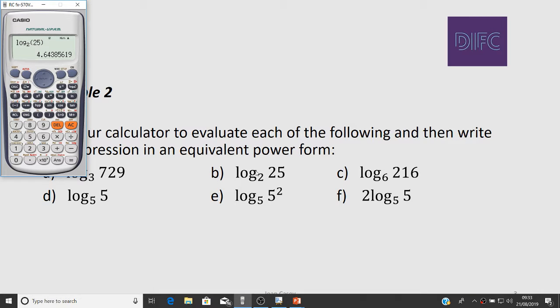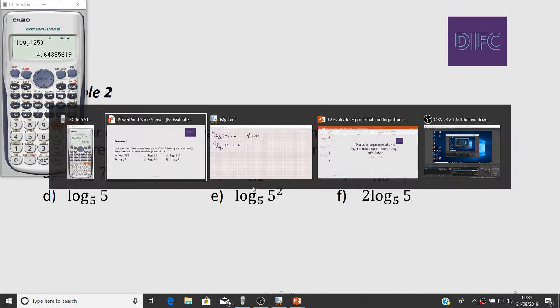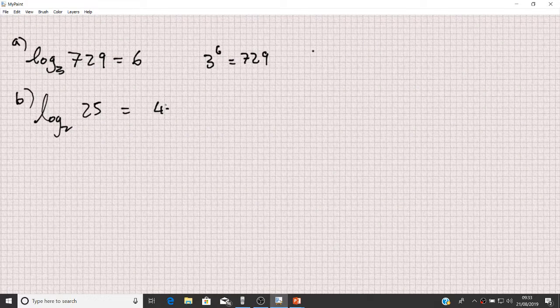4.638, so I'll round that to 3 significant figures, 4.64. So in theory, if we were to raise 2 to the power of 4.64, we would get approximately 25.